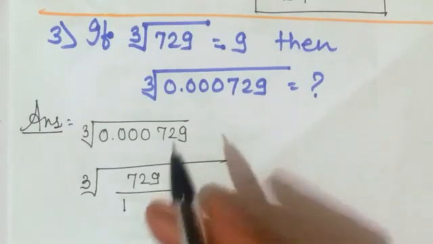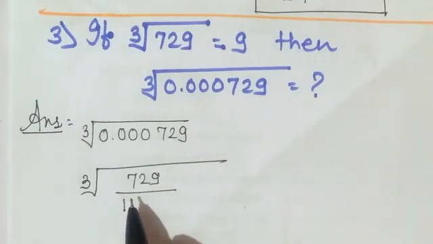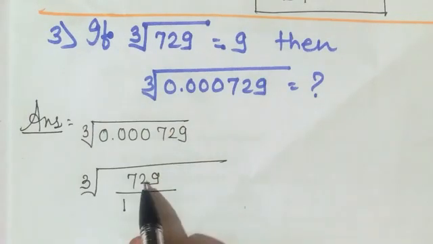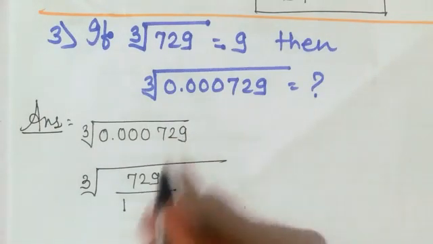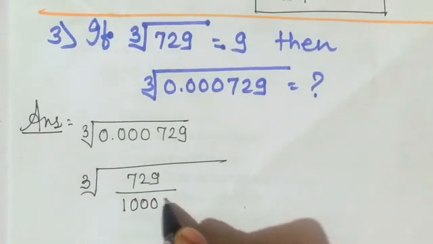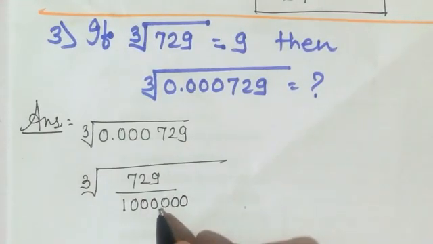So while converting it into a fractional number, we directly write the digits. It means 729 will be here, and at the denominator place we place as many 0s as the number of digits. So 6 digits are there, it means we place six 0s. So the number will become 10 lakh.